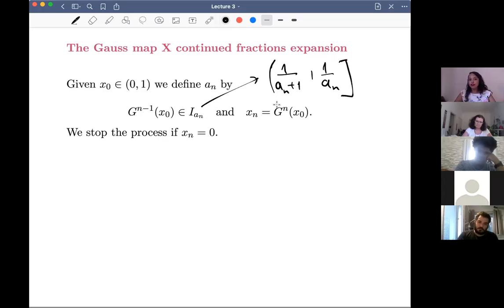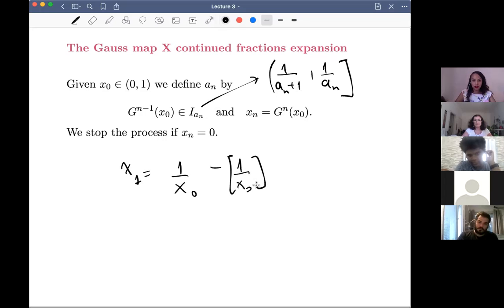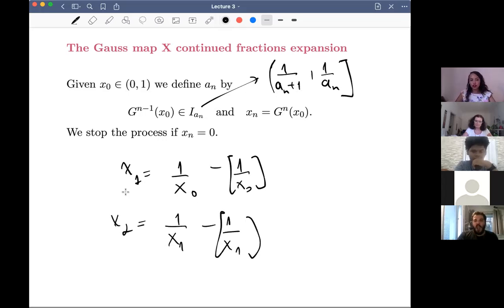And then you just define x_n to be G^n of x0. Remember, x1 is 1 over x0 minus the integer part of 1 over x0. x2 is 1 over x1 minus the integer part of 1 over x1. So this is actually G of x0.